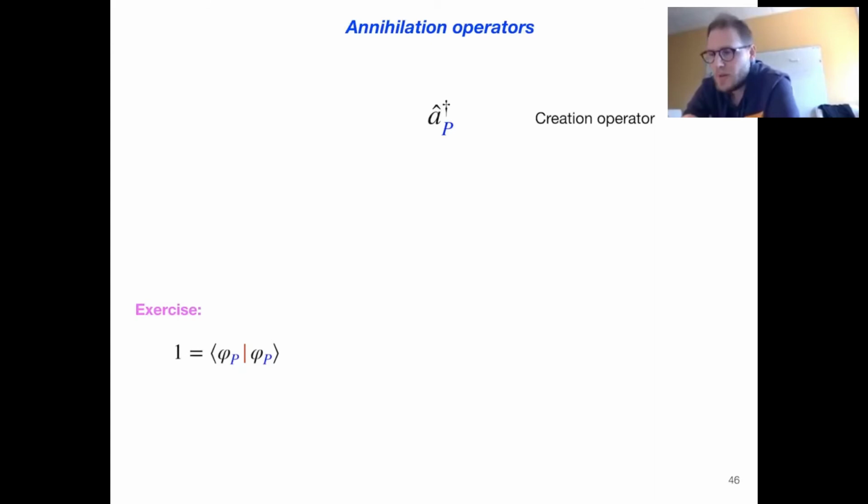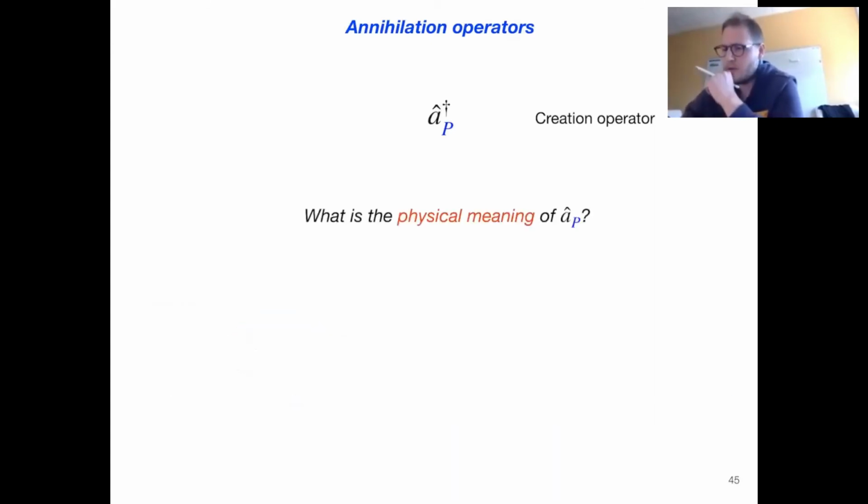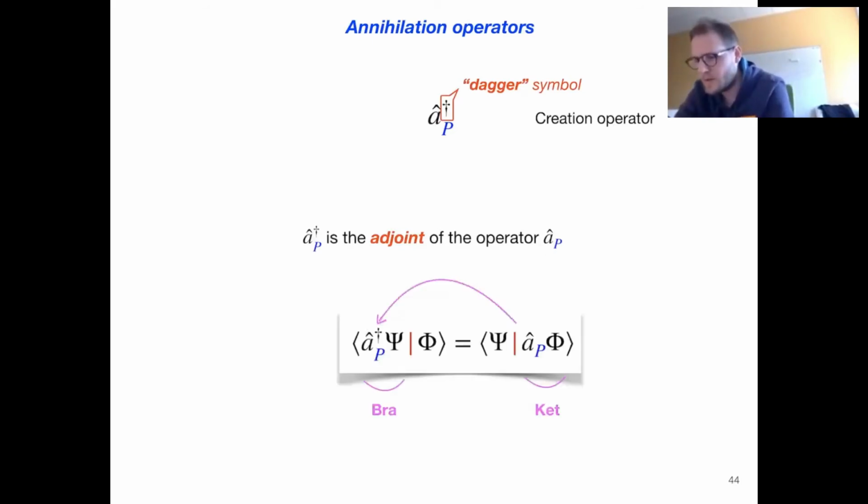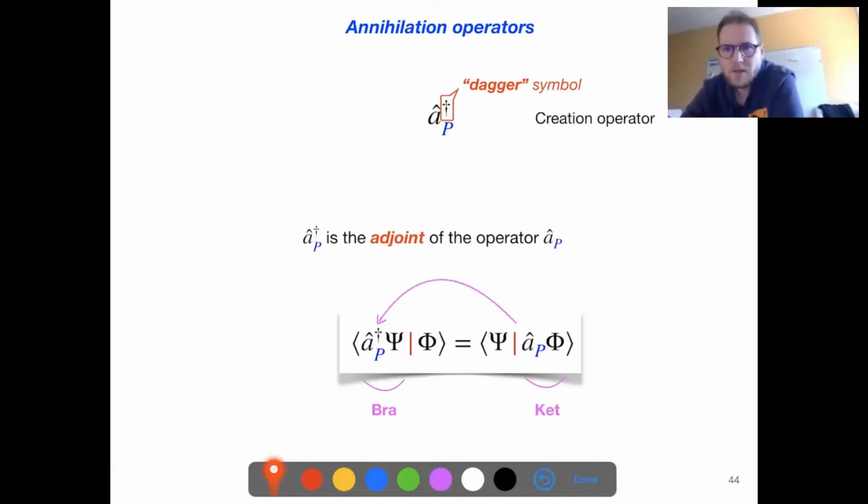The concept of the adjoint actually comes from the calculation of inner products. We have to calculate some inner products and have this annihilation operator appear, so that we can understand why we call this a_p operator the annihilation operator.